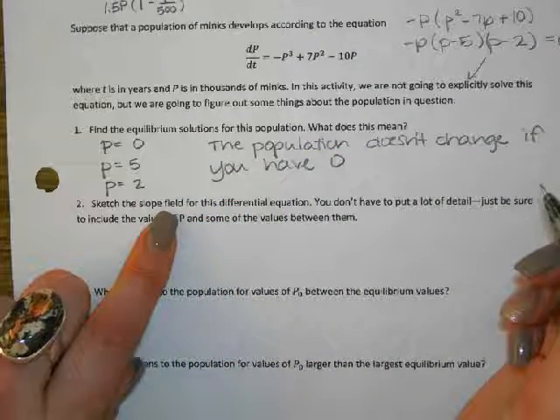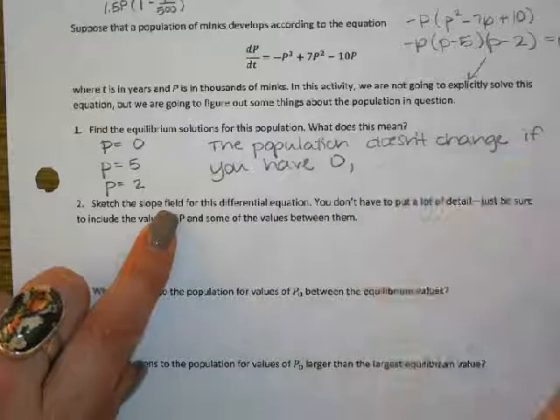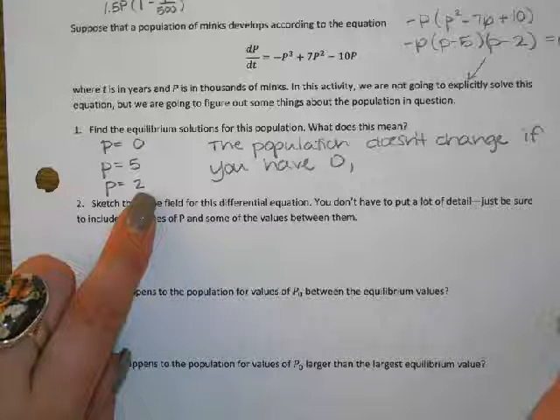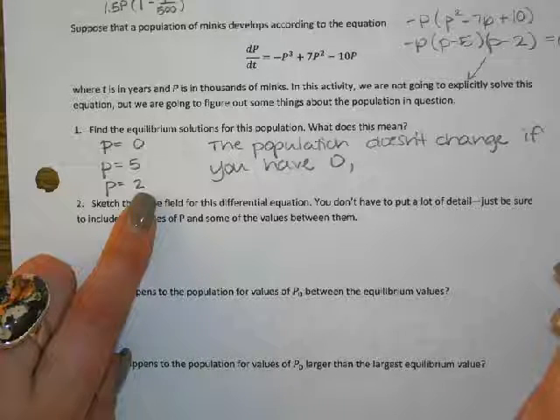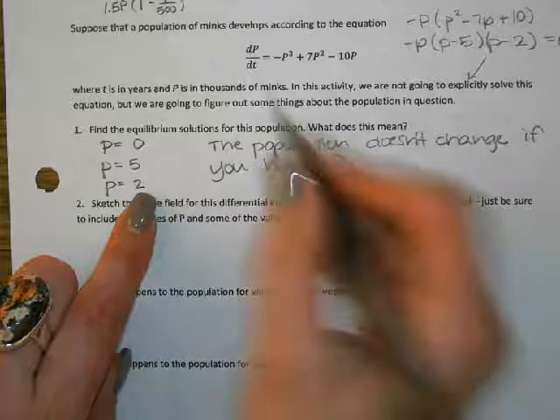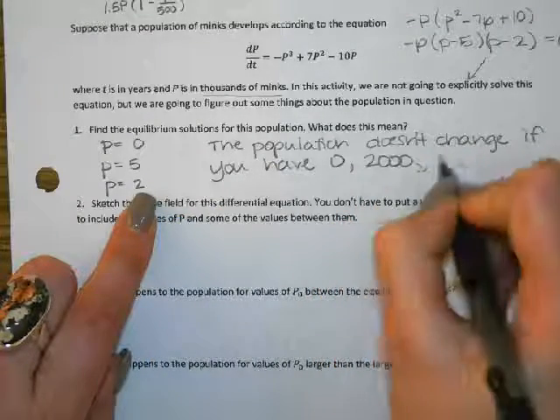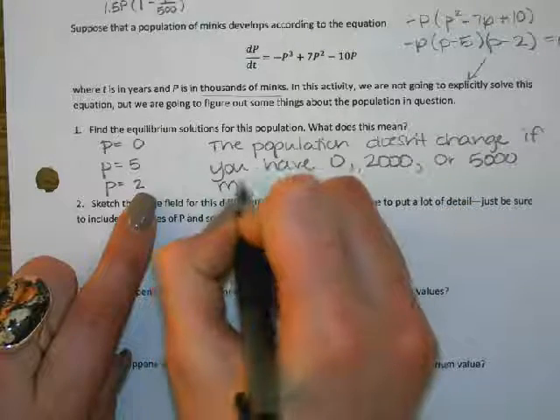There's none to procreate to make more minks. So you just have none. Or do we say 2 minks? Is that the right units? Yes. Read the problem. No. It says that it's in thousands. 2,000 or 5,000. Yeah, 2 minks would be weird. Or 5,000 minks.